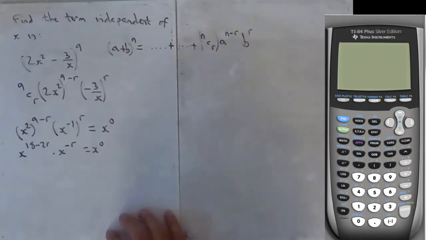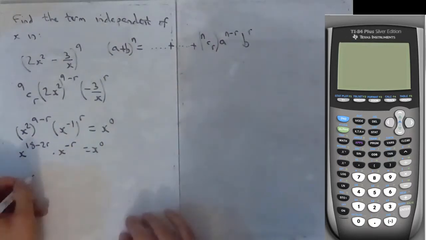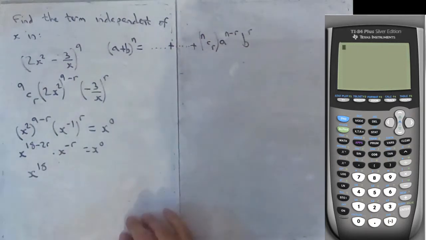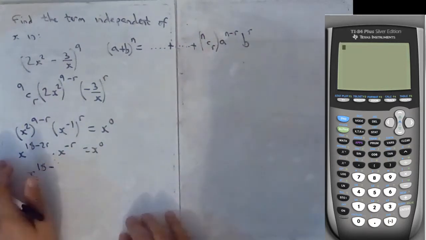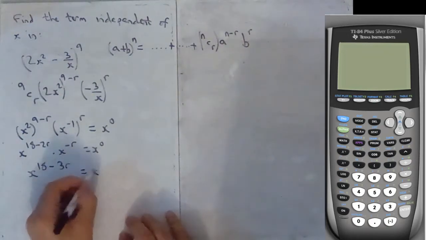So the first law of indices, when you're multiplying together powers of the same number, we add the powers. So this is x to the power 18 minus 2r minus r, so that can be minus 3r, equals x to the power 0.